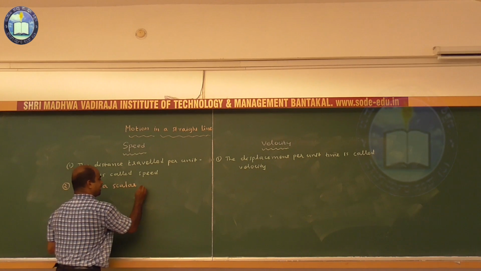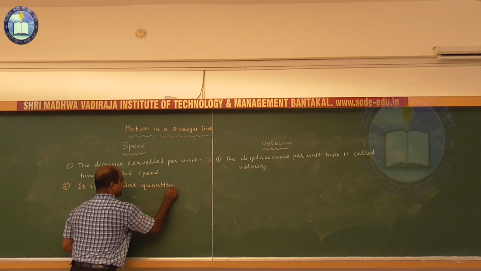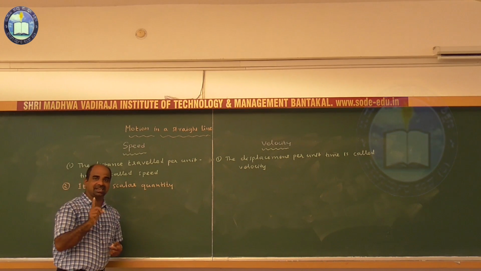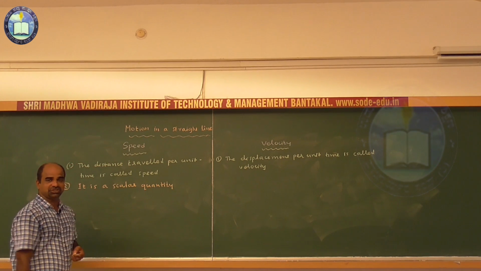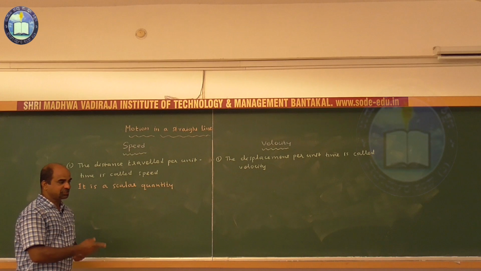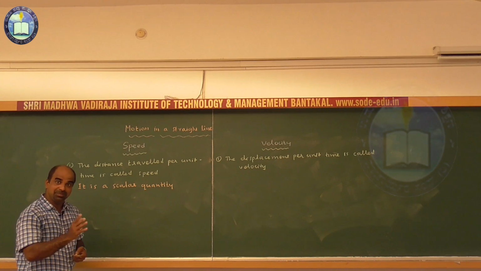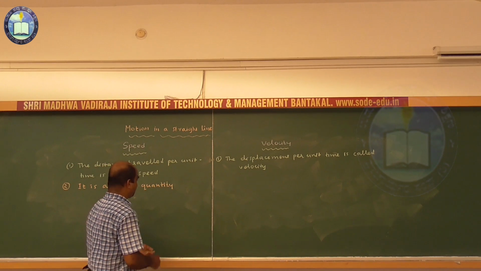It has no direction, only magnitude. As long as the body is in motion, as the distance traveled by the body increases, speed increases, or speed may be constant. Therefore, it is a scalar quantity.